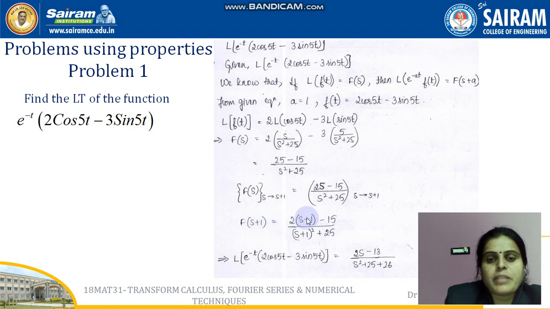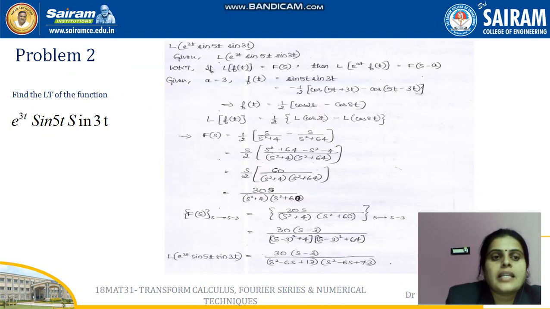So F of s plus 1 is equal to 2 times s plus 1 minus 15 divided by s plus 1 whole square plus 25. So the Laplace transform of the given function, after simplifying 2s plus 2 minus 15 gives 2s minus 13, over s square plus 2s plus 26. This is how we solve the problem by using the shifting property.